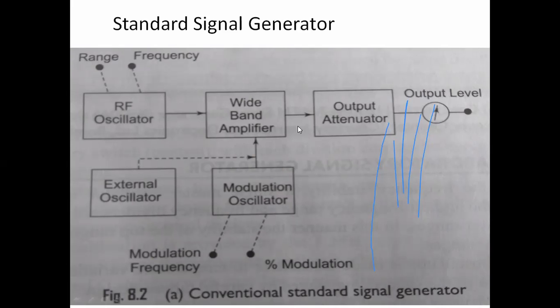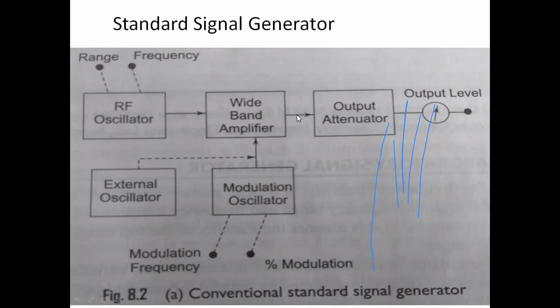Up to here we get the modulated output signal. This modulated output signal is given to an attenuator, where we can adjust the voltage range. Generally we can modulate using sine wave, square wave, and triangle wave also. Using those waveforms we can modulate the signals.